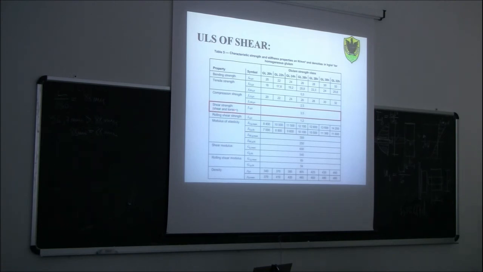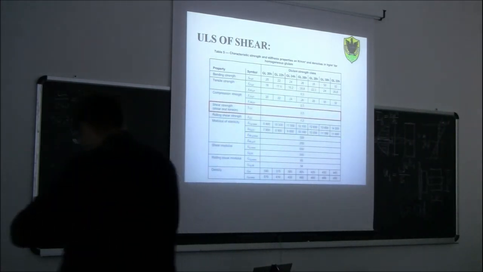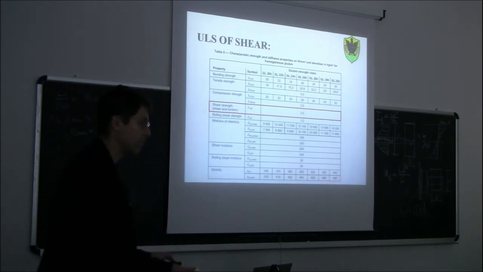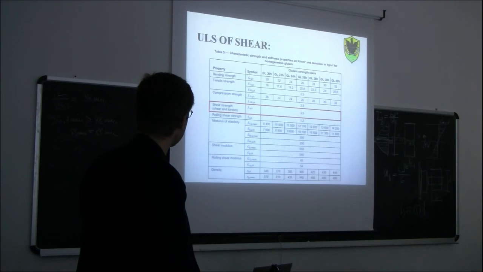Shear strength, shear and torsion. Remember that for this verification you need to use shear strength, shear and torsion, not rolling shear. Rolling shear is for another phenomenon. Rolling shear is used when you design panels made of wood, so plywood or cross-laminated panels, not for this design. Okay?